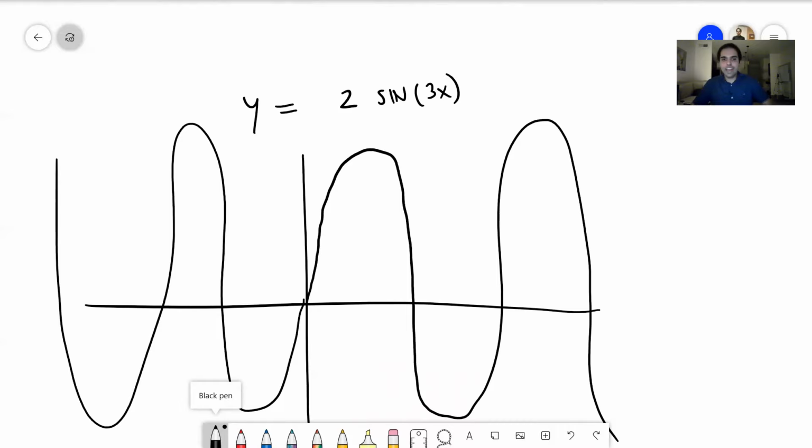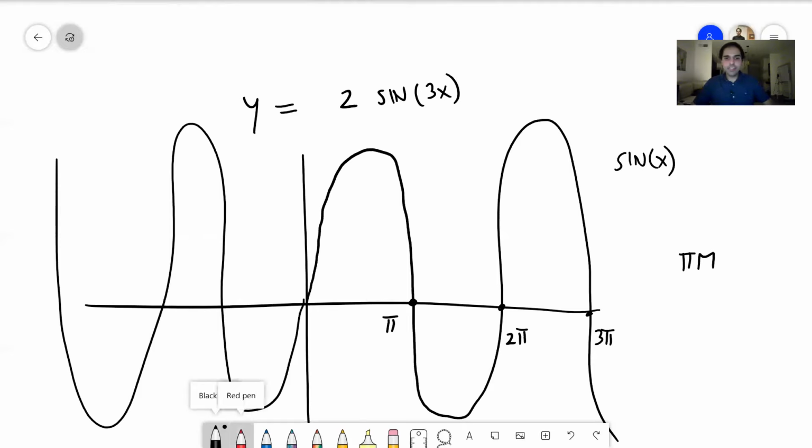Kind of like that. And for this, my suggestion is to look at the zeros. That's very helpful for me. So for sine of x, remember the zeros are at pi, 2 pi, 3 pi, etc. Or as I like to say, at Peyam, so multiples of pi.